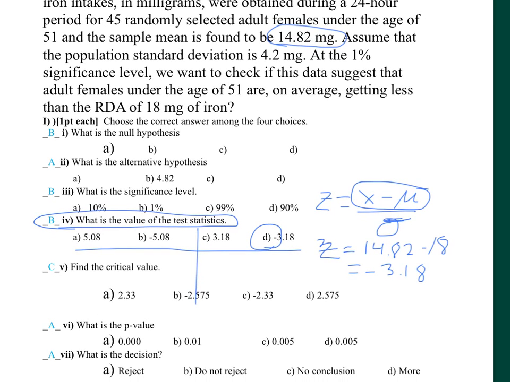If we take 4.2 and divide by the square root of n, which is 51 this time, and we use that number in here, then we're going to get 4.2 divided by the square root of 51, which is 0.588, and then 3.18 divided by that is negative 5.4.